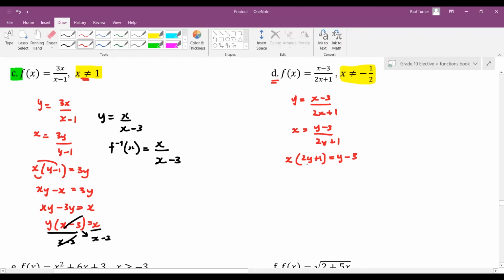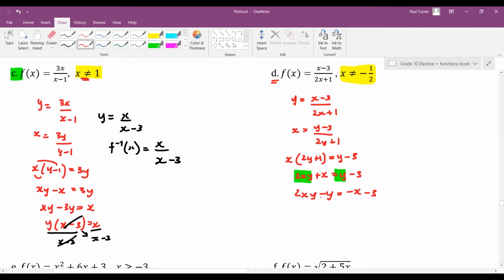So it looks like we need to expand this because we have a bracket. So 2xy plus x equals y minus 3. Now we try to group the y's on the same side here. So let's put them over on the left side. So 2xy minus y equals minus x minus 3.